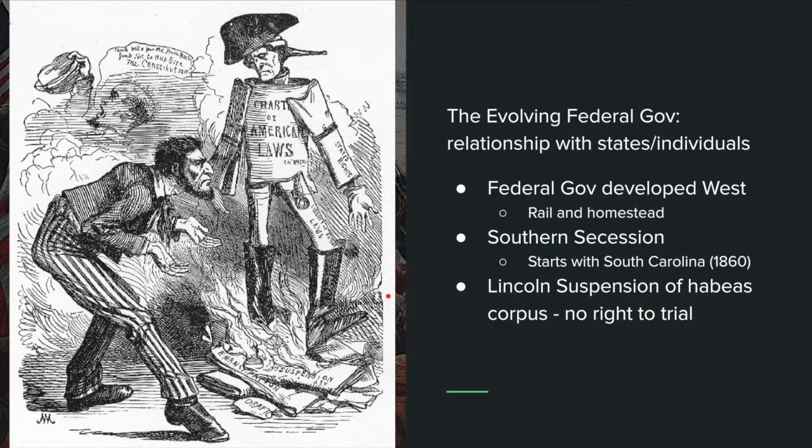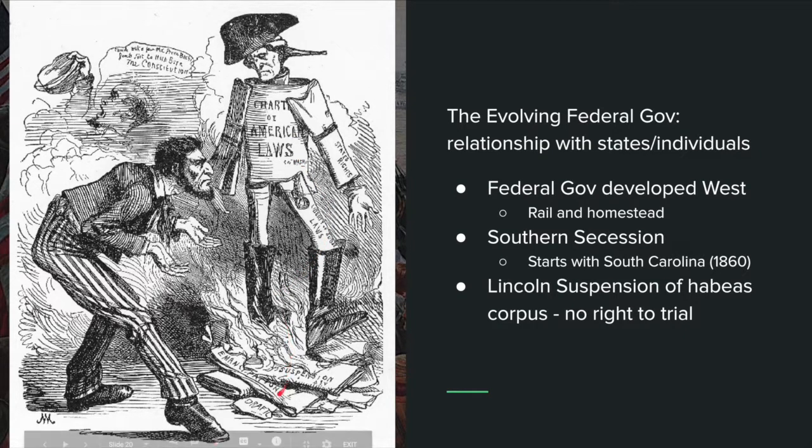But obviously, a lot of Americans are going to say, hey, you're just burning up the Constitution, you're abusing your federal power. He's also passing the Emancipation Proclamation, so they see this as him abusing his rights and basically destroying the Charter of American Laws of the Constitution.